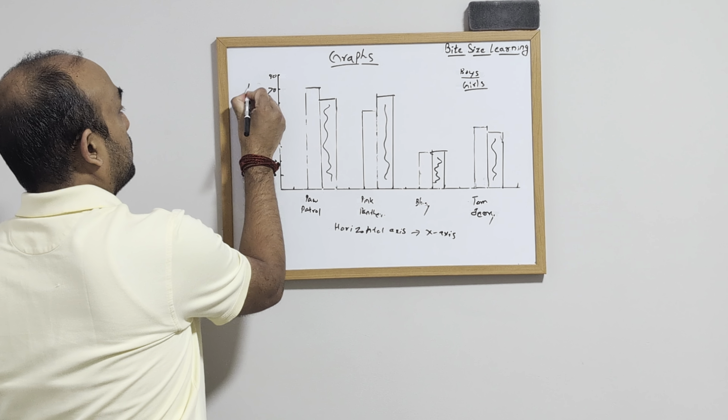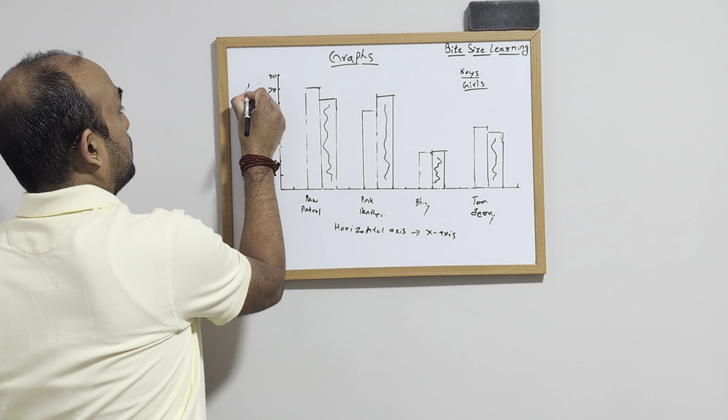This axis is the vertical axis or the y-axis, showing the number of children. We are studying the number of children watching the cartoon shows Paw Patrol, Pink Panther, Bluey, and Tom and Jerry.